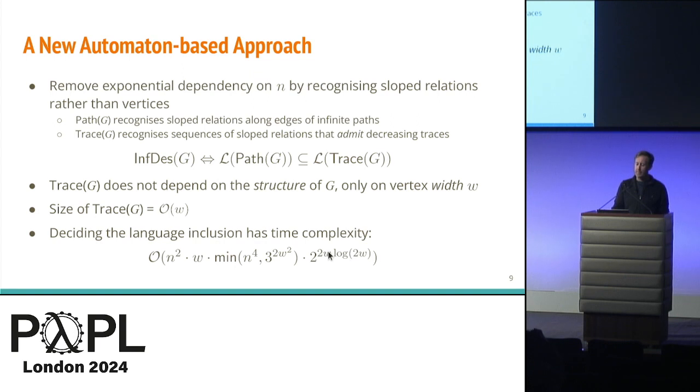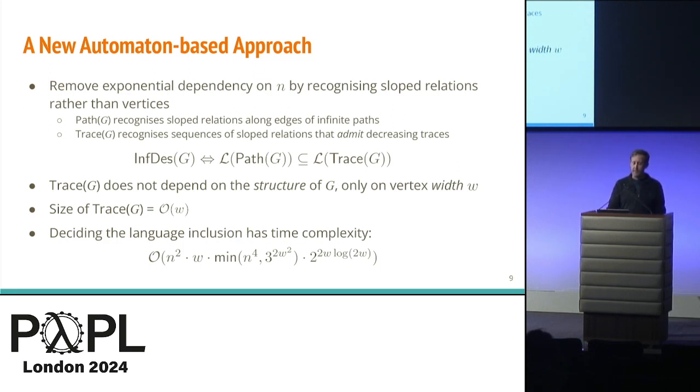So we have the same scheme. We have a path automaton which recognizes sequences of these sloped relations that do correspond to actual infinite paths in the underlying graph. But now the trace automaton recognizes sequences of sloped relations that simply admit some decreasing trace and aren't necessarily connected with the underlying structure of the graph.